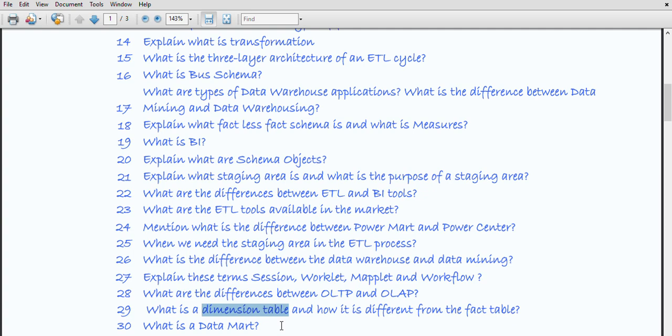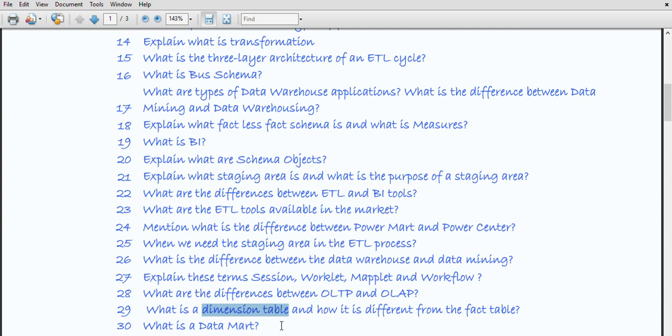Each fact table stores the primary key that joins the fact table with the dimensional table. For example, the fact table contains the customer and the number of units sold. So this is the relation between the dimensional table and the fact table. The dimensional table stores the attributes or dimensions that describe the fact table.